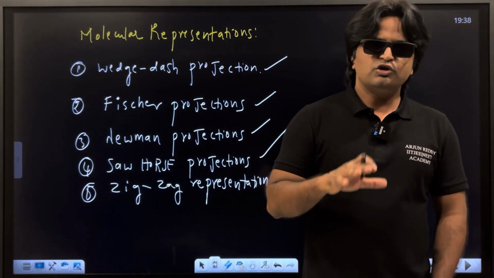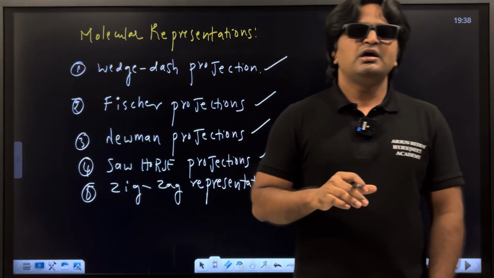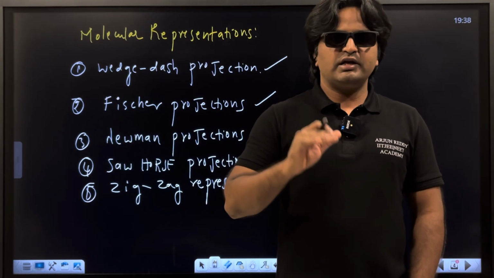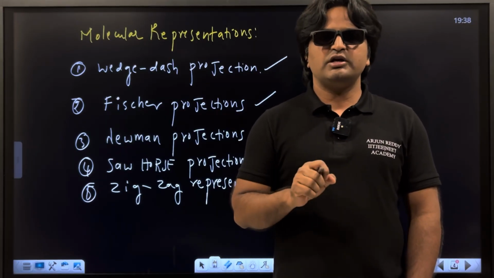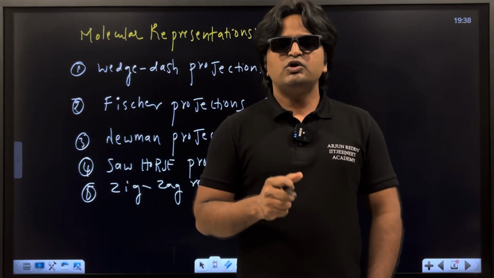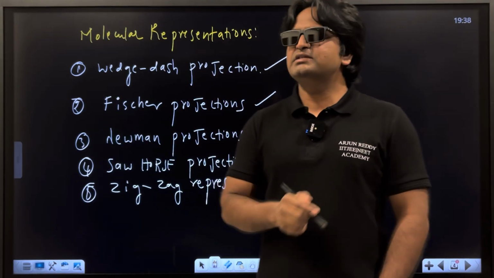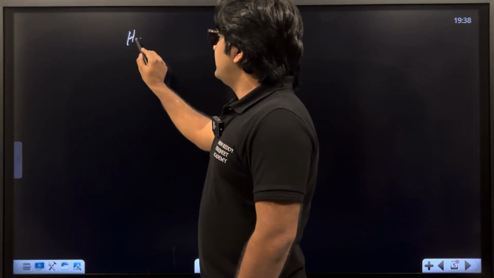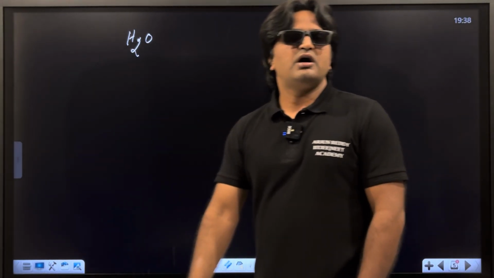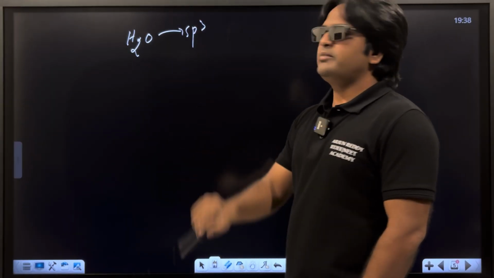First of all, before discussing all these 5 types of molecular representations, what is the use of these molecular representations? In general, we have 3-dimensional molecules. For example, if you have 2-dimensional molecules, there is no need of these molecular representations. The best example: if you take a water molecule like H2O, what is the hybridization of the oxygen atom? sp3 hybridization.